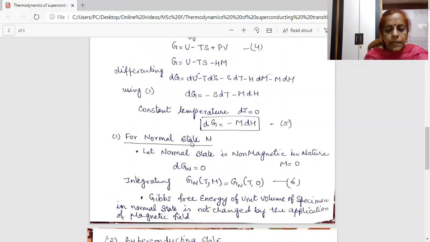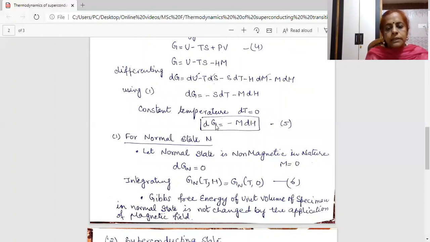Initially, I am taking my state to be normal. That means my temperature is above Tc. In this condition, the material will be in the normal state. Now I am assuming that my normal state material is non-magnetic in nature. So if it is non-magnetic, in this general form of expression, M will be equal to 0.